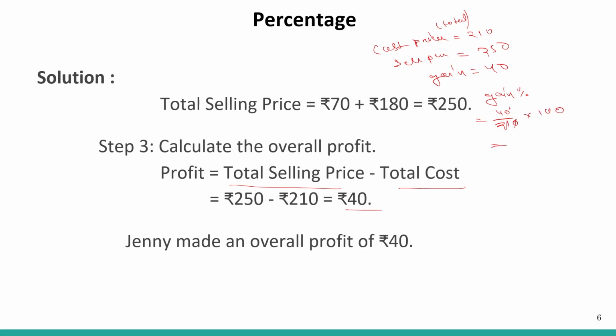Since it will be 4 by 21 into 100, that is 400 by 21 percent. This will be approximately equal to 19%, the gain percentage. And the overall profit will be 40 rupees.